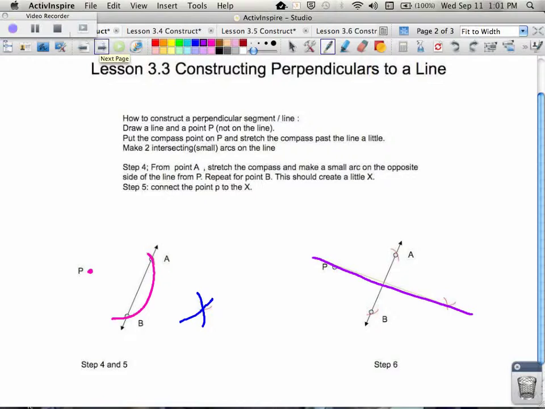Next step is from the intersection of your arc and point A, put your compass point there, leave it stretched out, make an arc. Repeat that process with your compass point on B, and you should see an X out in space on the other side of the line from point P. Connect your point P to the X intersection, and you have your perpendicular to the original line that's going through the point P.